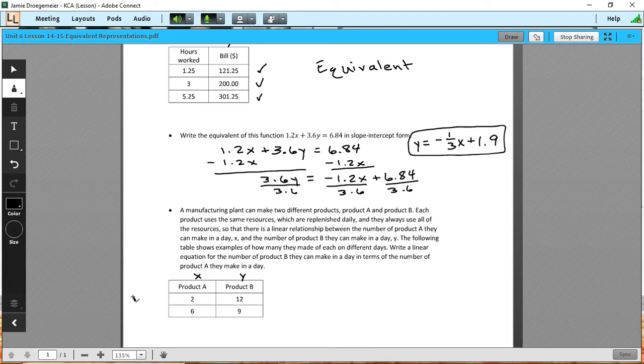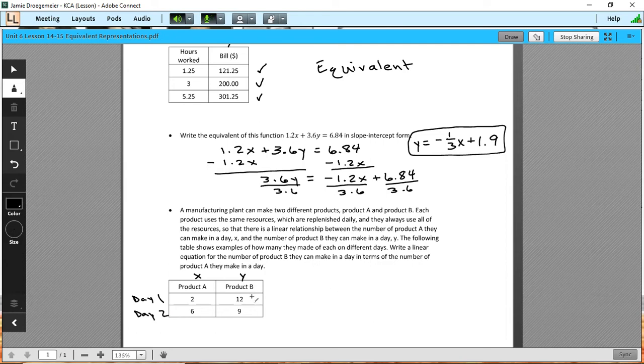Let's say this is day 1, this is day 2. We want to write a linear equation for the number of product B they can make in a day in terms of the number of product A.